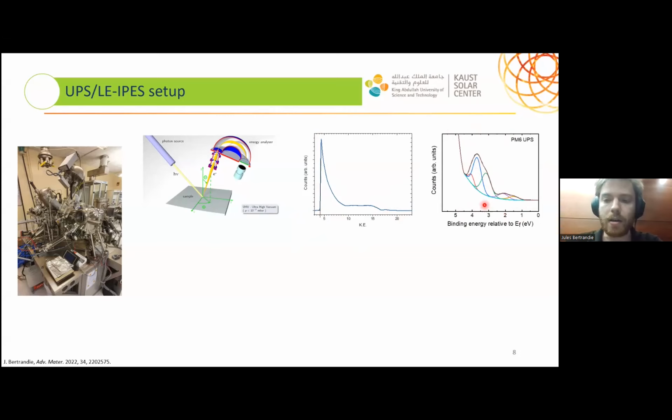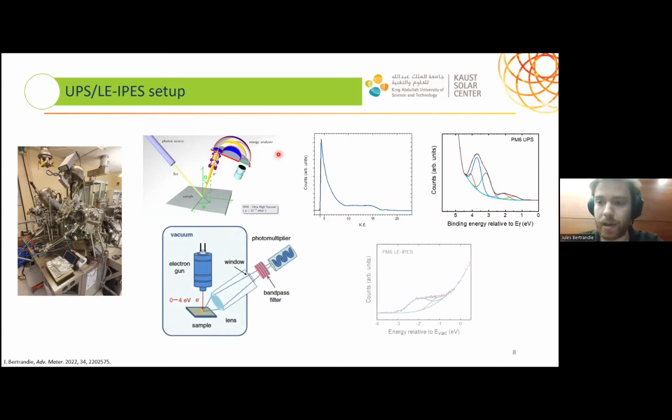To determine the valence band, we fit Gaussians in order to access the tail of the Gaussian and determine our valence band. To obtain our IE, we just need to add the valence band that we measure here to our work function.